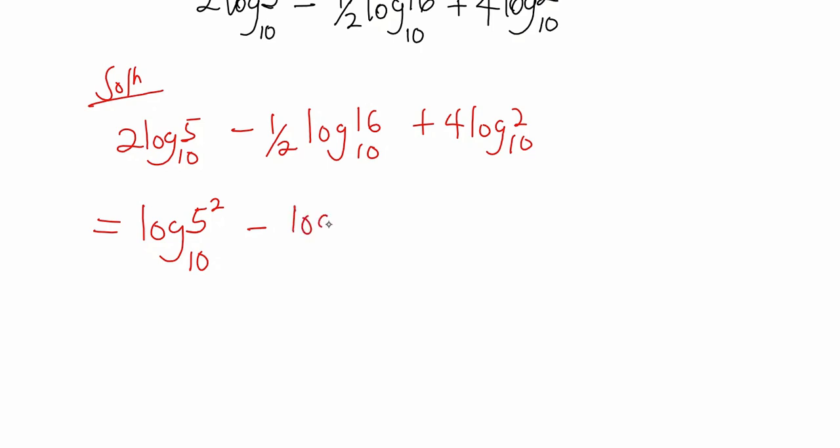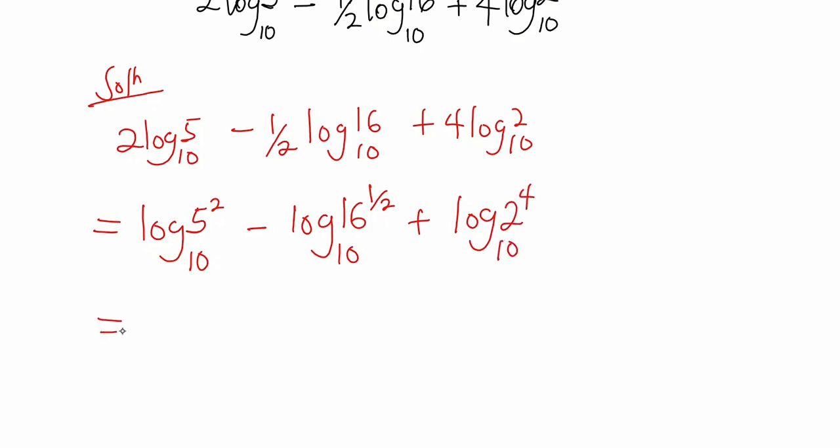That is logarithm of 16 exponent half base 10 plus the same thing applies to 4 log 2 base 10. That is the logarithm of 2 exponent 4 to the base 10.